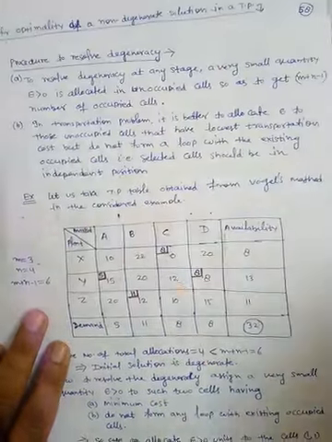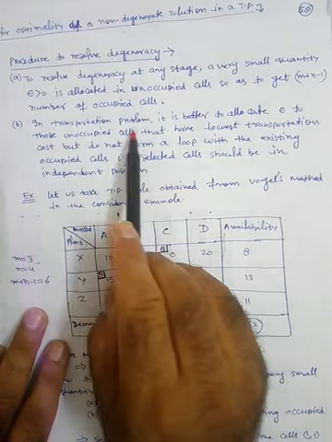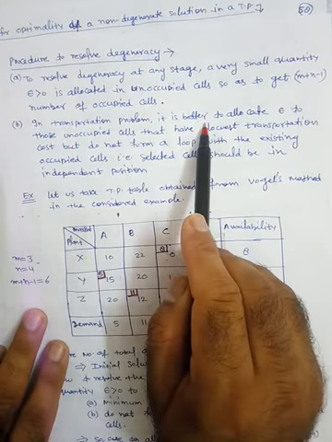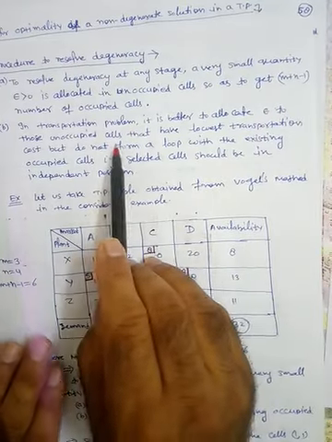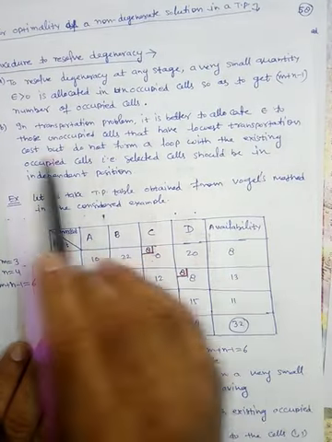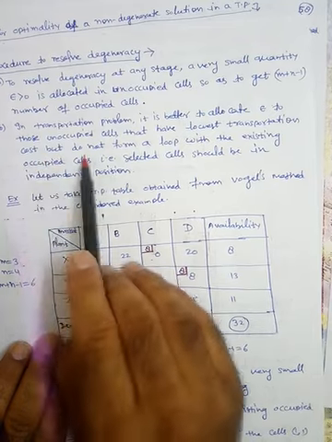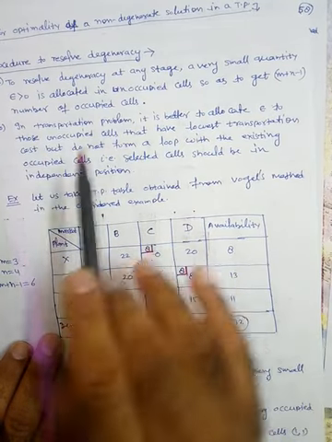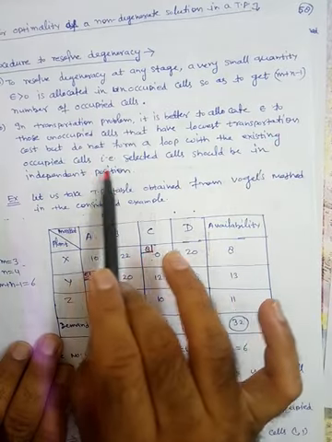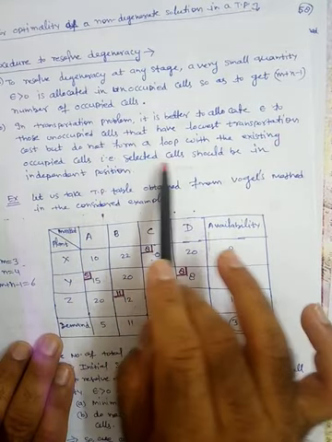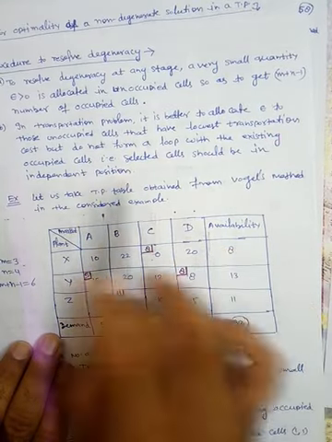So here in transportation problem it is better to allocate epsilon to those unoccupied cells that have lowest transportation cost but do not form a loop. यानी lowest cost भी रखती हो और loop भी ना बनाती हो with the existing occupied cells. That is, selected cells should be in independent position.